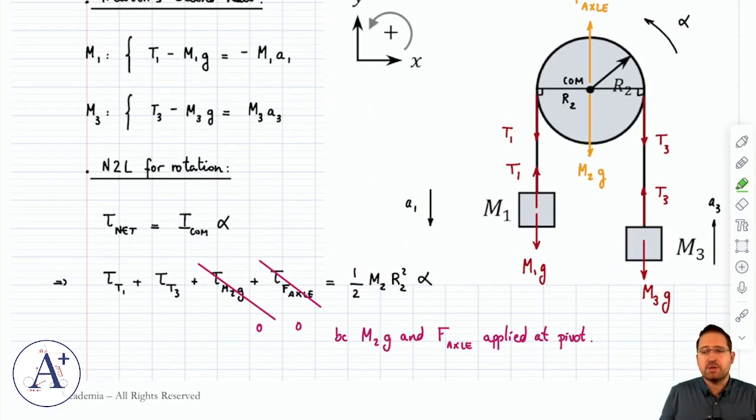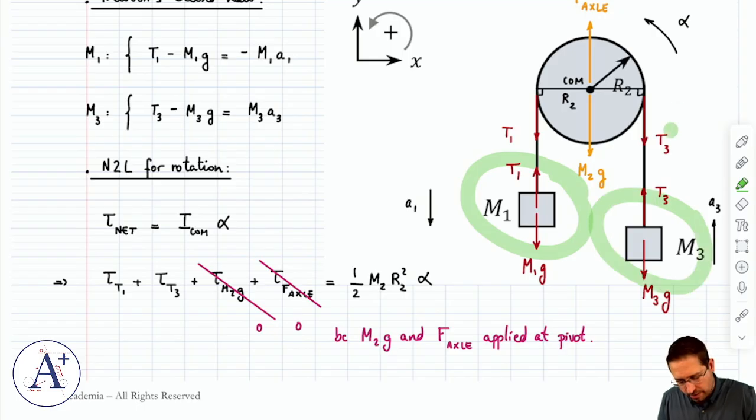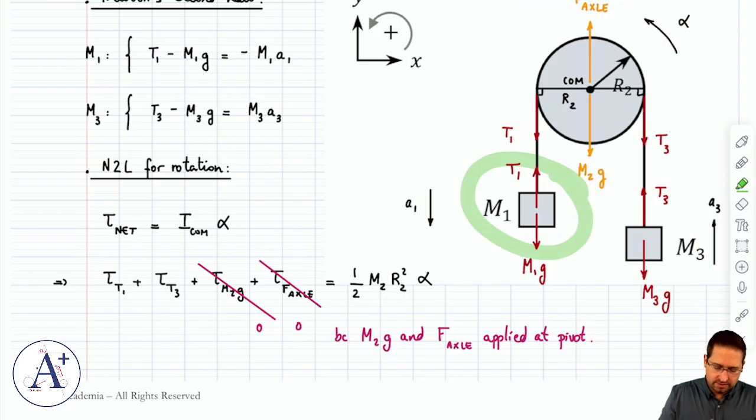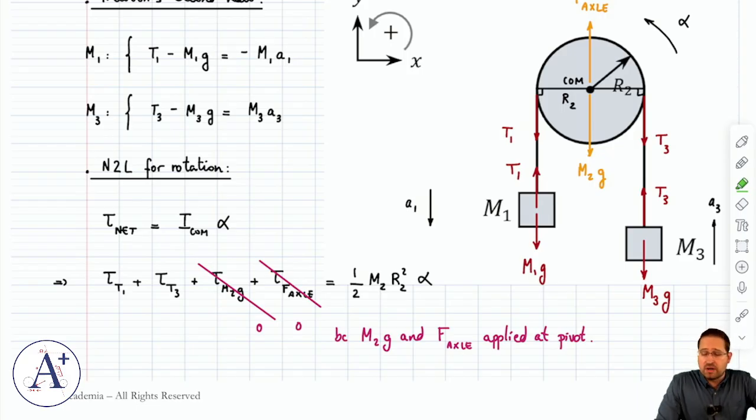It must be the case that how heavy M1 and M3 are dictates how fast the pulley rotates with time. So there has to be a relationship between this motion down, this motion up, and this motion going around like this. So what is that relationship?